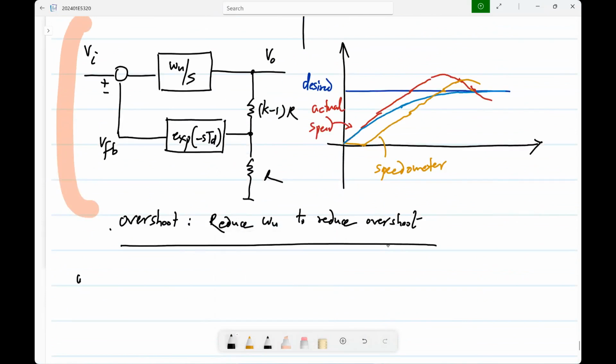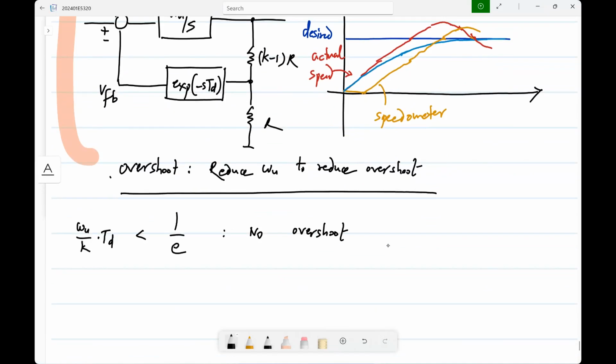So if this is less than 1 by E, E is the natural exponent, then it turns out there is no overshoot. And what is this? This can also be written as TD divided by K by omega u. What was K by omega u? It was the time constant of the ideal system. Okay. So compared to that, how much delay you have? That's what matters. Okay.